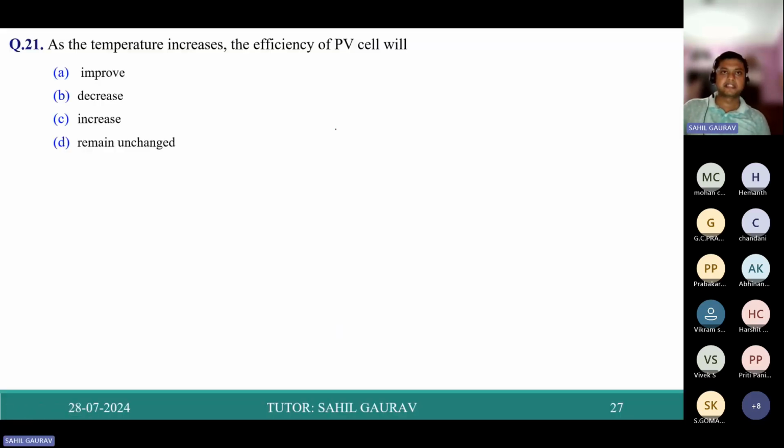So we know that efficiency of PV cell is P out upon P in. P out we take as the maximum power of the PV cell, PM, and PM has a negative temperature coefficient.